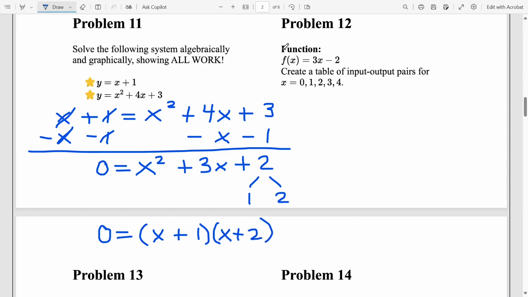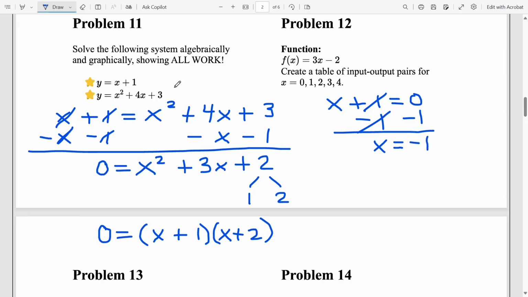I can then solve for x by setting x plus 1 equal to 0. Subtracting 1 from both sides. 1 minus 1 is 0, so I get just x on the left-hand side equals negative 1.